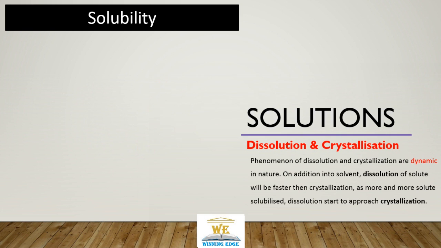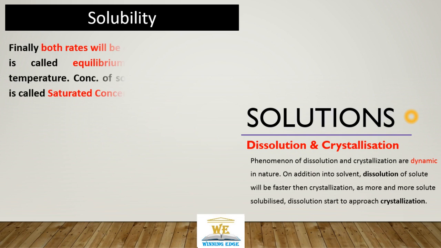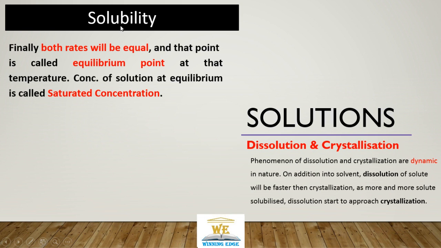So what we see, dissolution will reduce with time, crystallization will increase with time, and at one particular stage, the rates of crystallization and dissolution will be equal. That point is called the equilibrium point at a particular temperature. The concentration of a solution at equilibrium is called saturated concentration.